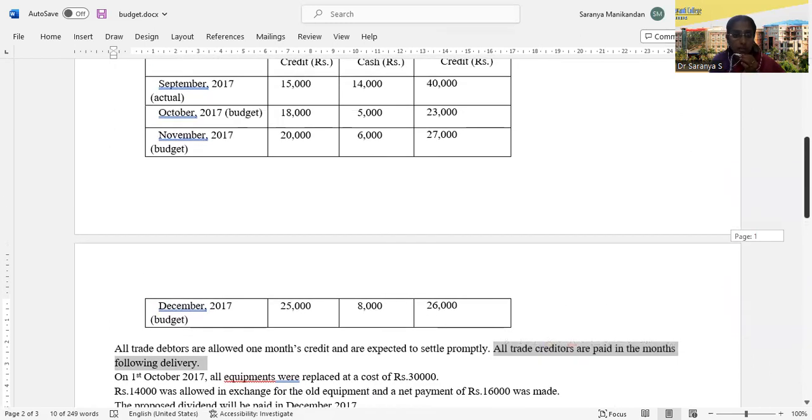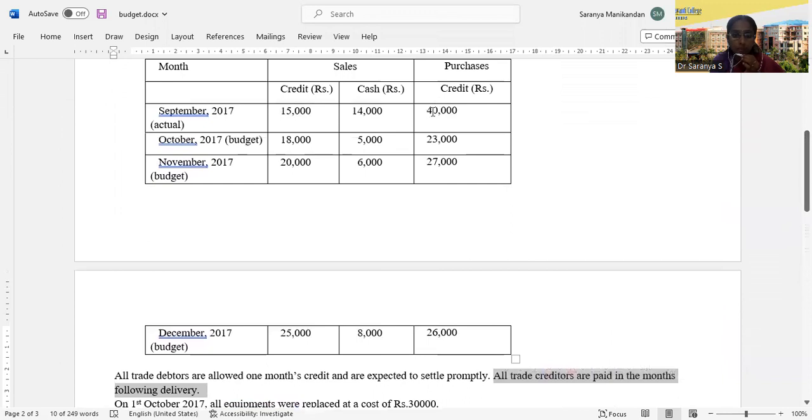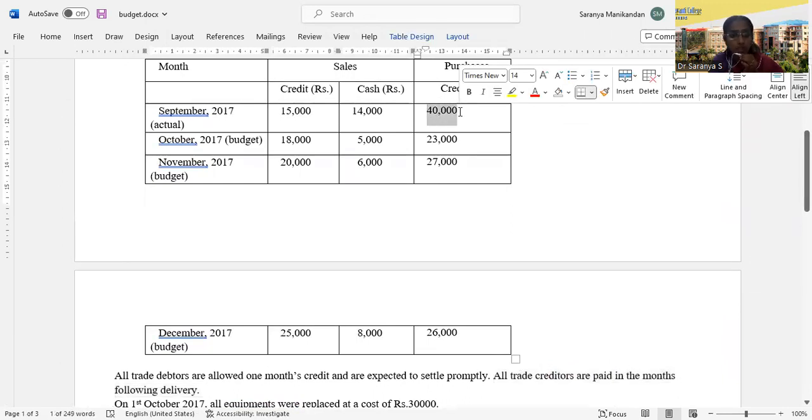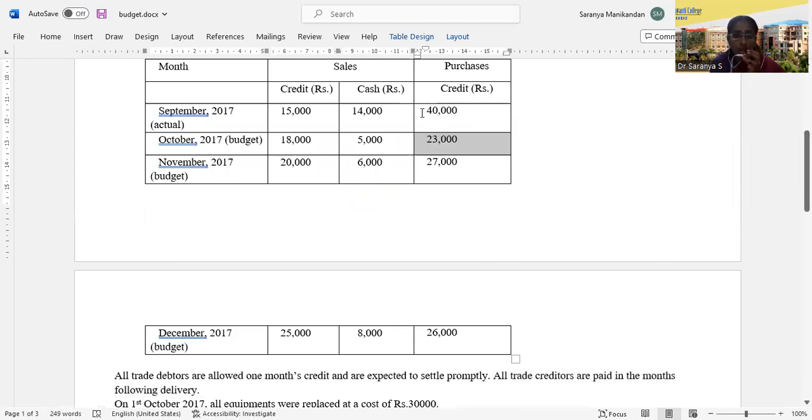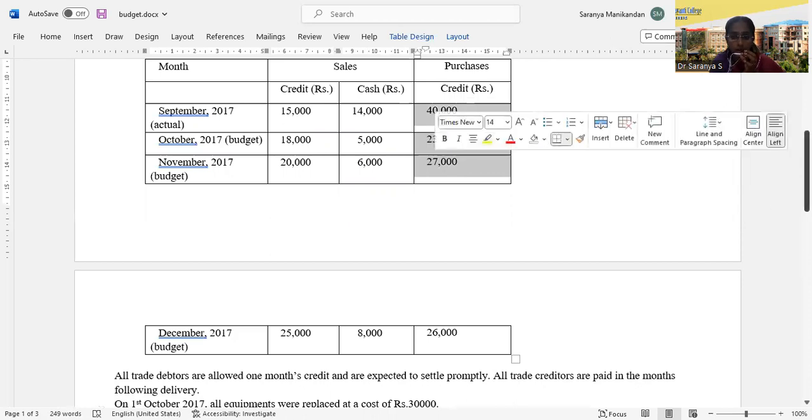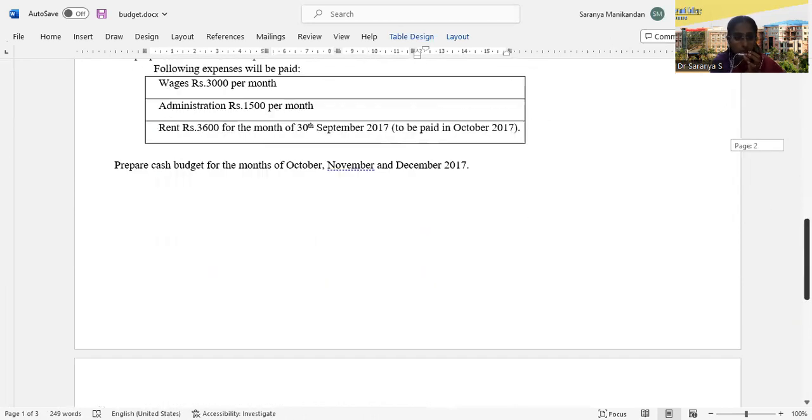So in that sense, September month we have done credit purchase of 40,000, which we can make the payment on the next month. I mean, in the month of October. October month credit purchase in the month of November. November month amount in the month of December. So like that. So in that case, we will get these figures 40,000, 23,000, 27,000. So we'll record it here.